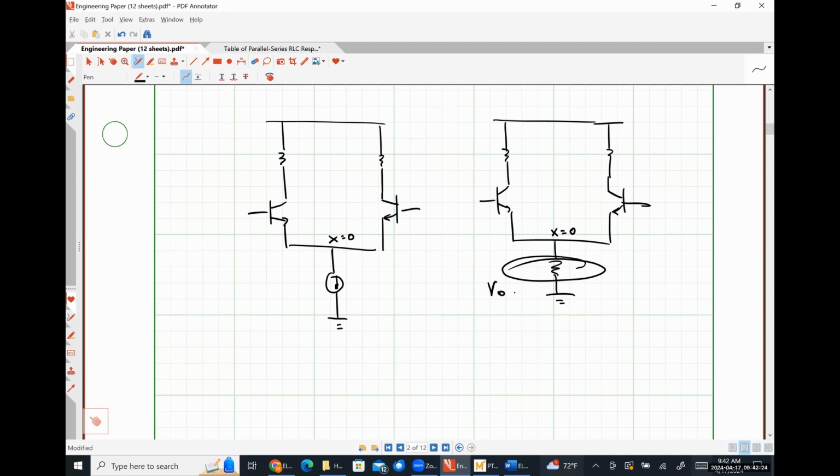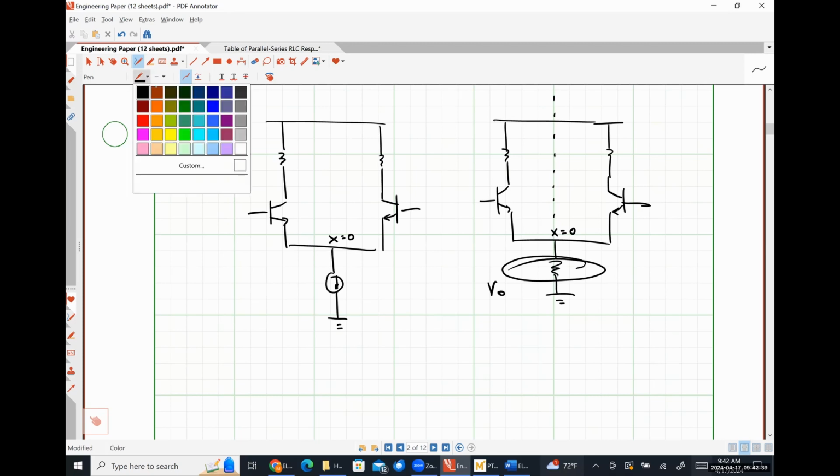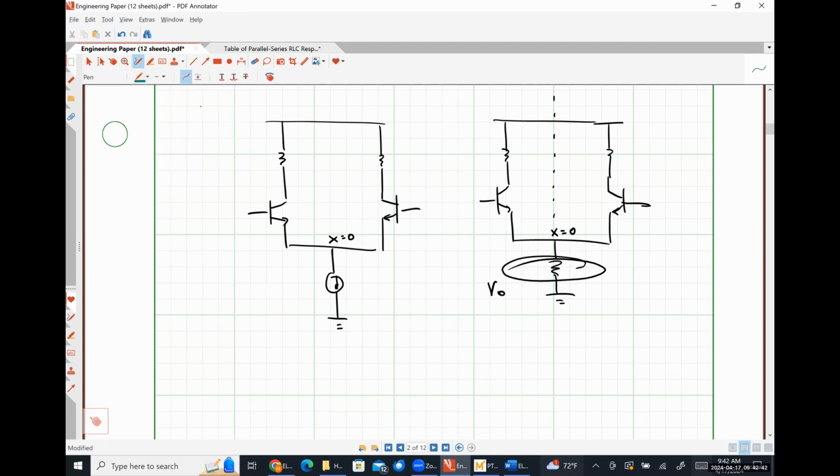What I was mentioning to North when he came by in office hours was that anything that lies on that axis of symmetry, from a small signal perspective, is going to look like 0. In some textbooks, and this is literally just an exercise in making things annoying to make you analyze them, you'll see they put a resistor across this and then take the output voltage to be here.